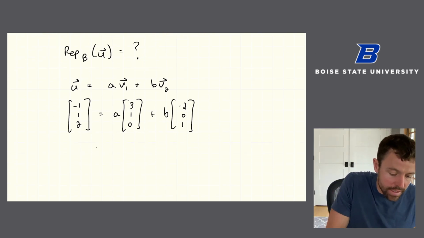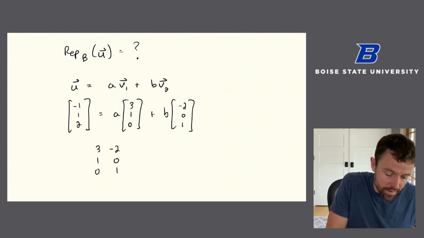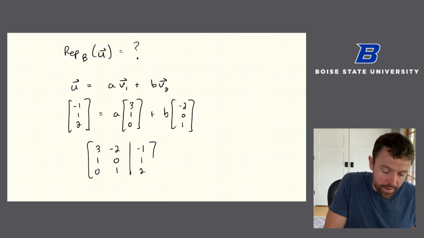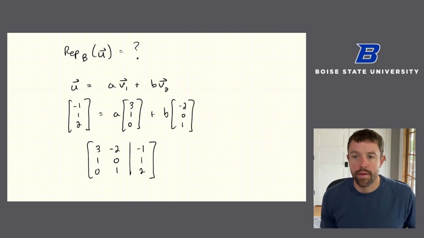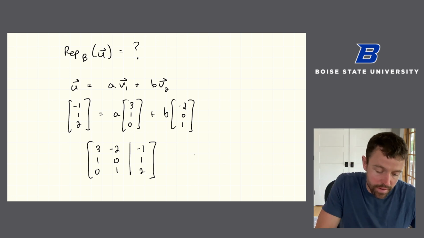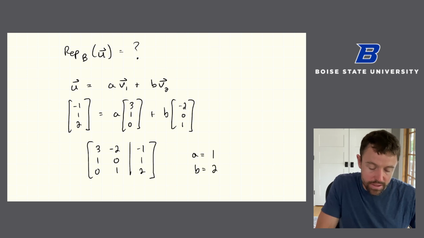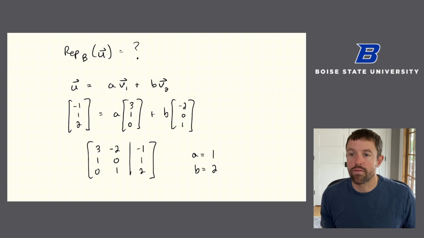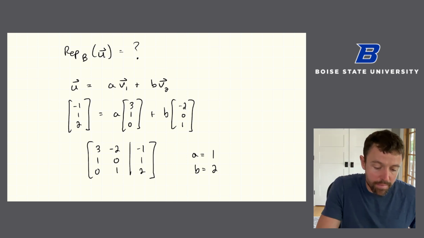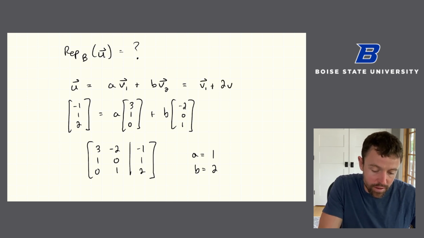And so what I need to do is solve this augmented matrix given right here. And my solution ends up being that A is 1 and B is 2. I'm not going to go over how to solve this. This is something we've covered in previous videos. So this is what we end up getting. A is 1, B is 2. And so that means that u is v1 plus 2v2.